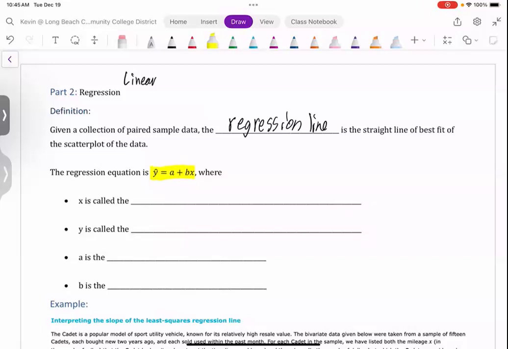Now, you might be thinking, I remember my straight lines look like this. And that's true when we're in an algebra class. In a stat class, we use the regression equation. A is going to be B in our old equation, and B in our new equation is going to be our M, our slope. And let's get some definitions out of the way here.